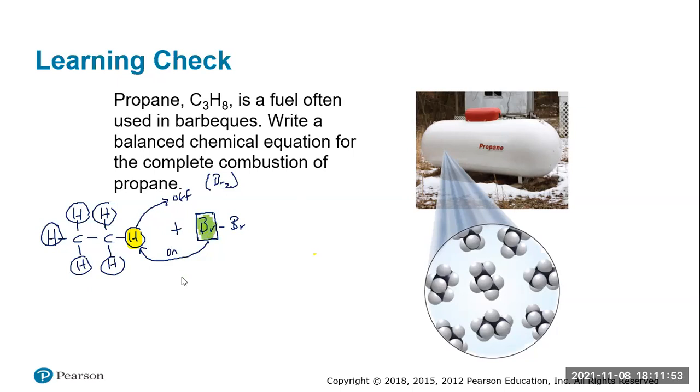And the result of that is we will end up with, and this is really important when you're drawing the products of these reactions. Sometimes people want to go crazy and draw all kinds of weird things when they're drawing products of reactions. And for the most part, they're fairly straightforward and simple. What I mean by that is there's really only usually one part of the molecule that changes. Everything else remains exactly the same.